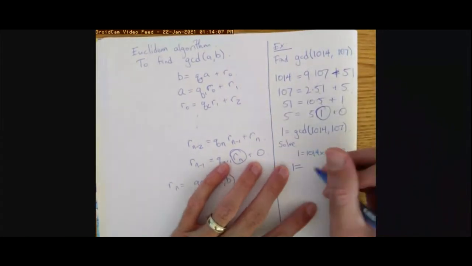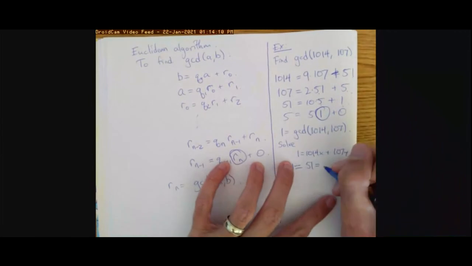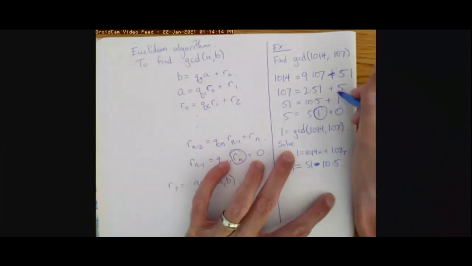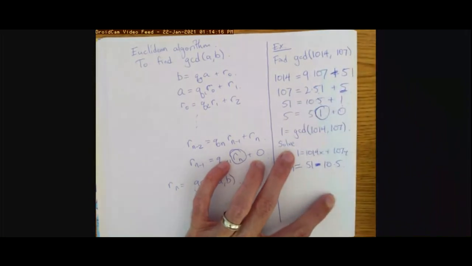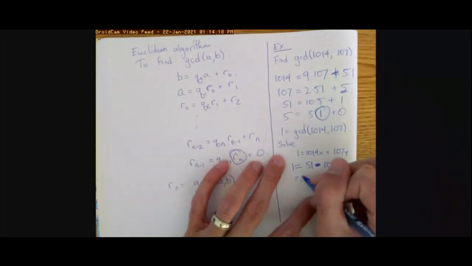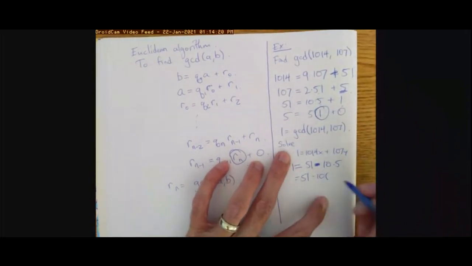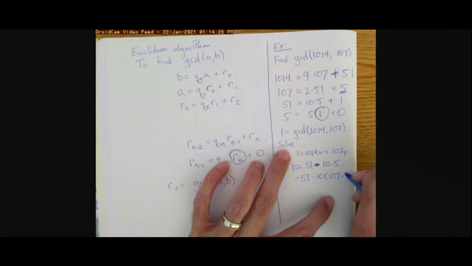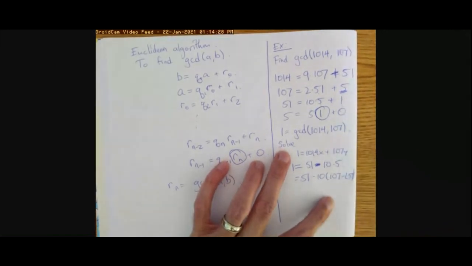So first we write 1 in terms of 51 and 5. So 1 equals 51 minus 10 times 5. Now we write 5 in terms of 107 and 51. All right, so 5 is 107 minus 2 times 51.